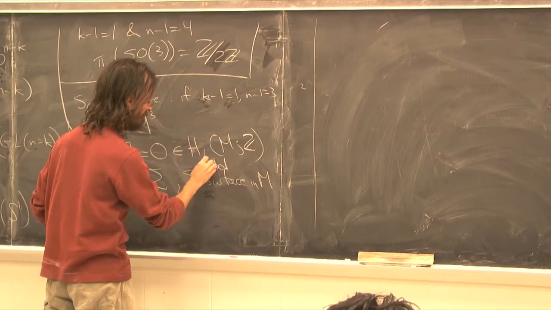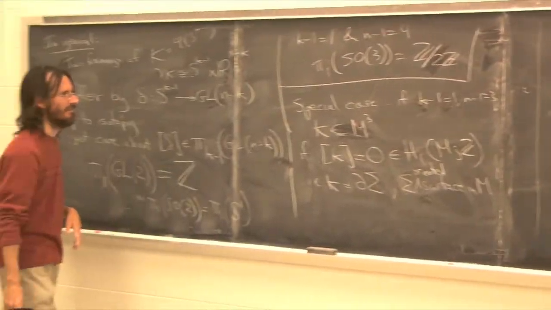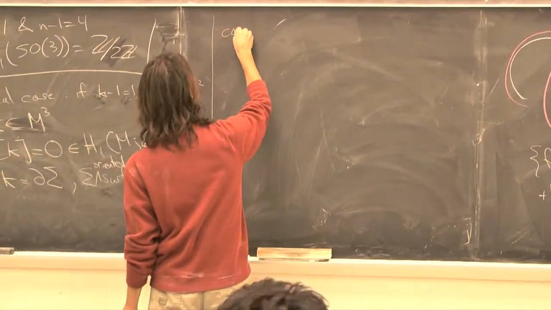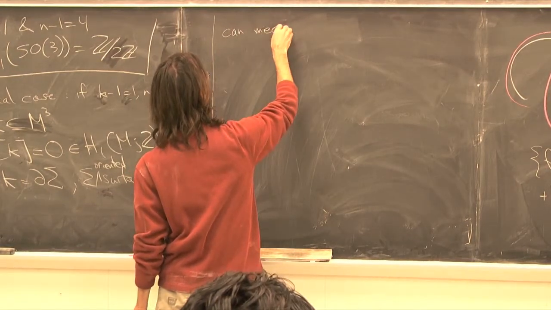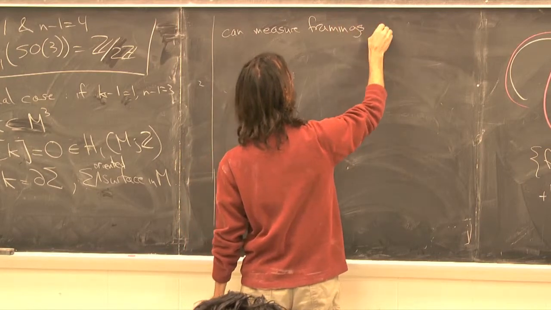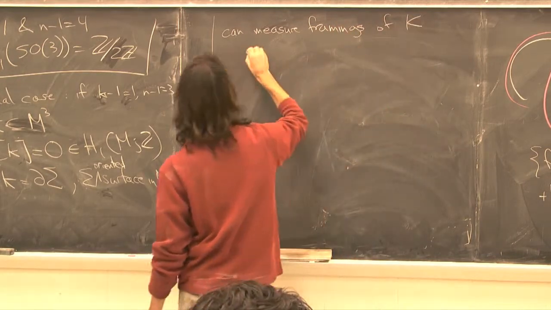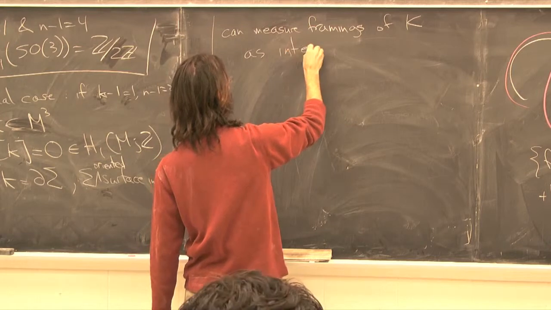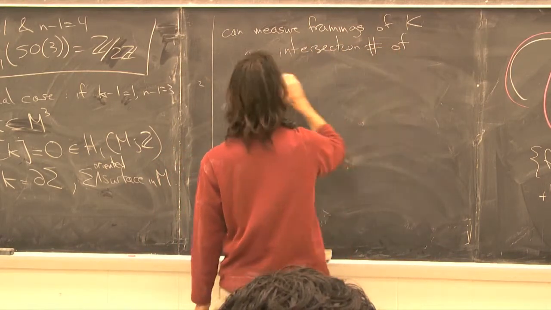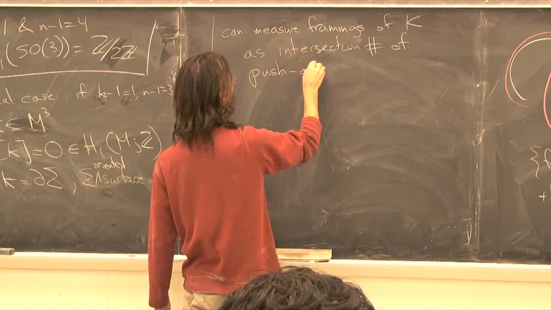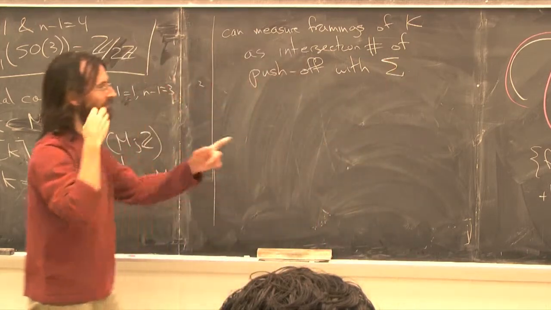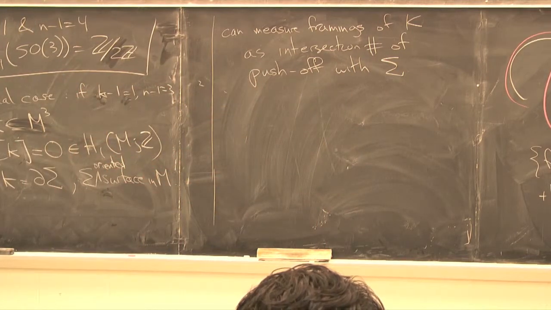Oriented because it carries homology in itself, if you're doing it over Z. Then you can measure framings of K as the intersection number of a push-off with sigma. And I'll just show you this by an example. There's an example over there.